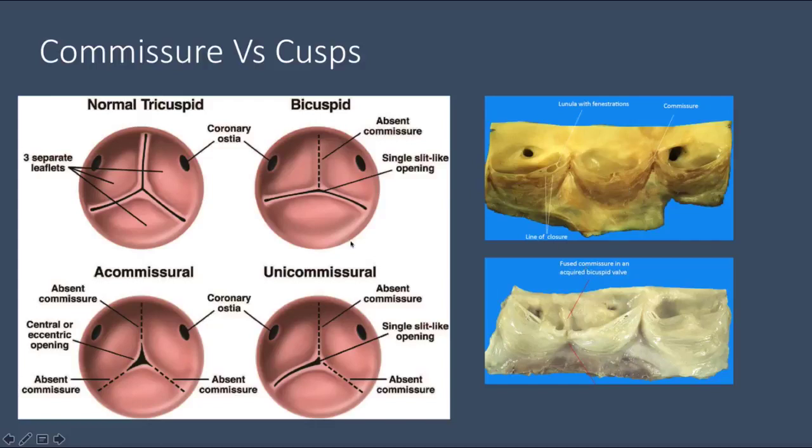Whereas if you only have 2 commissures, as you can see in this specimen, it's a bicuspid valve, and here you have a raphe. If there's no commissure, or only 1 commissure, then perhaps it shouldn't even be described as a bicuspid aortic valve, but a unicuspid valve. We may be misclassifying a fair number of individuals that have a unicuspid valve, and perhaps this confers a completely different etiology and pathology. So I think that's part of the challenge of classifying the morphology of BAV.